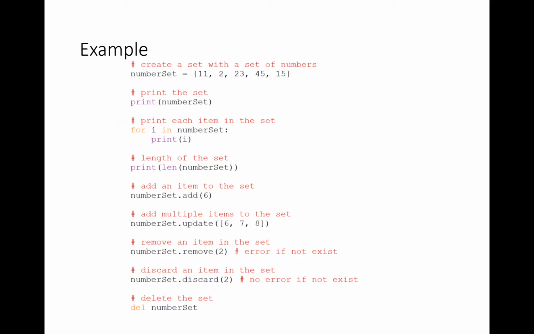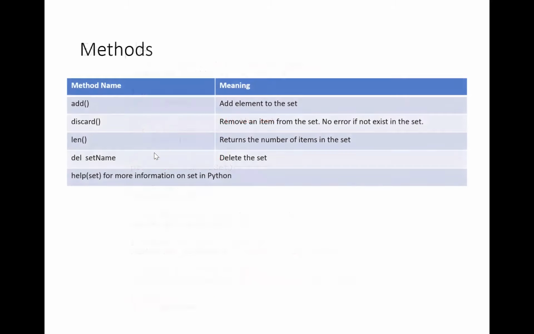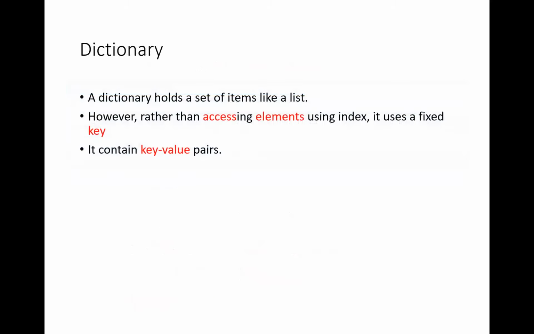We don't know where it's going to put it. Then we can remove an item by using the remove method with the value, or you can use discard. Right. So with that, we'll cover the basics that you need. Right. Last one.